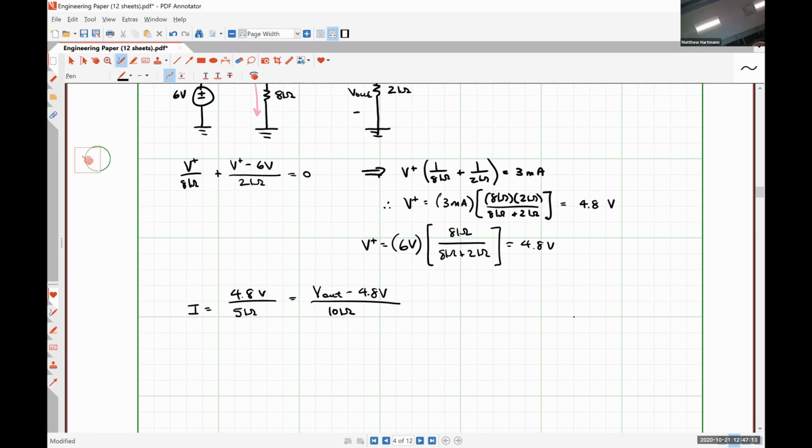And we could rearrange these and we would find that V out is going to be equal to 10 kilo ohms over 5 kilo ohms times, actually, I think this is going to make my algebra dumb. So let me do this slightly different. So what's 4.8 volts over 5 kilo ohms? Let's start there. This will make things easier on me.